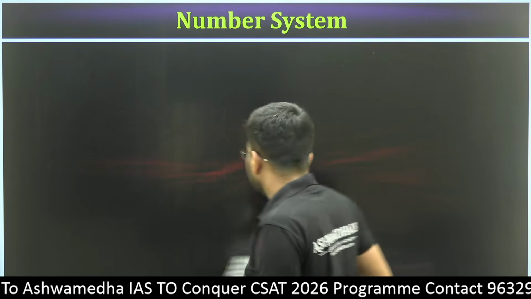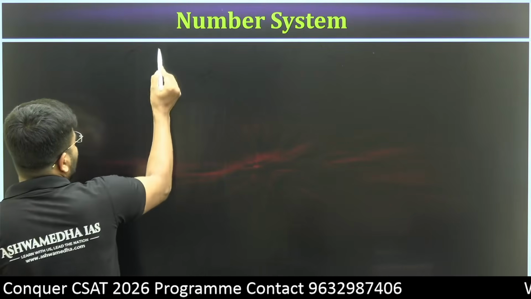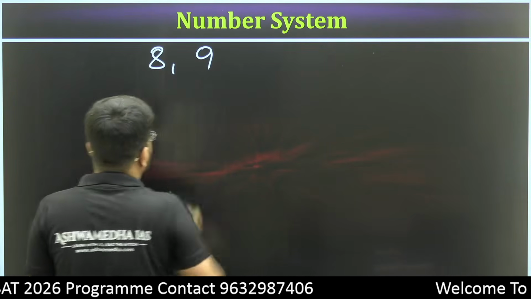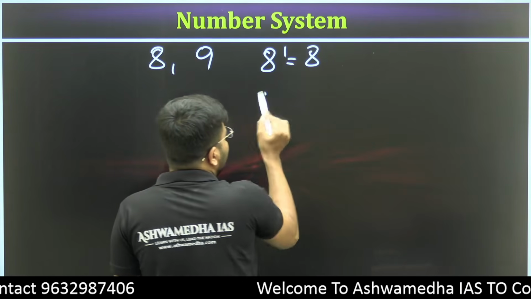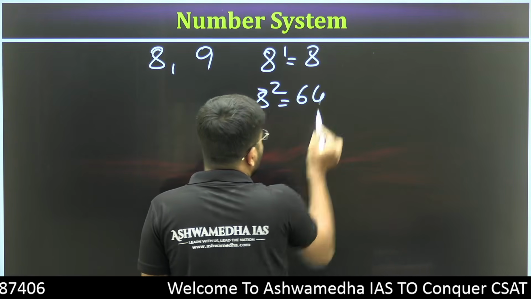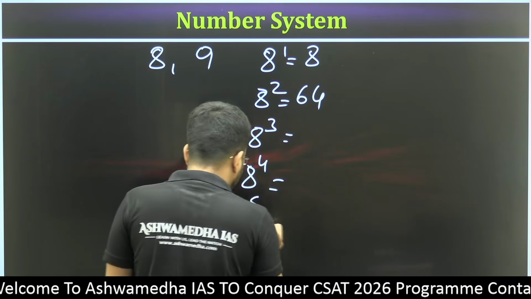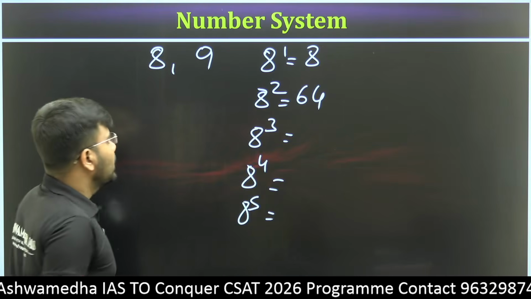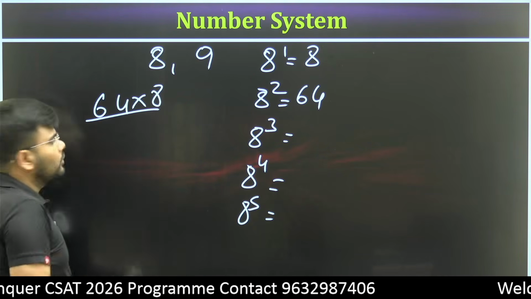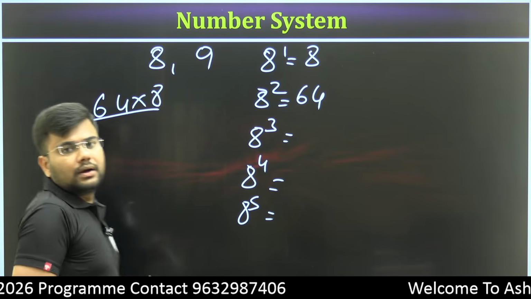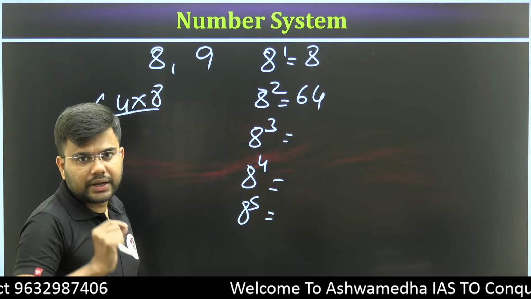So now you got all these cycles. You got 7 also. Now the two digits which I have left are 8 and 9. Check out 8 power 1, same thing, 8 itself. 8 square is 64. 8 to the power of 3, multiply it: 64 into 8, just find the unit digit. 8 times 6 is 48, 8 times 4 is 32, 480 plus 32 is 512.